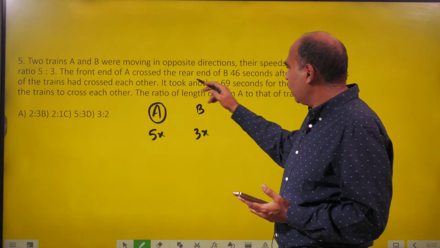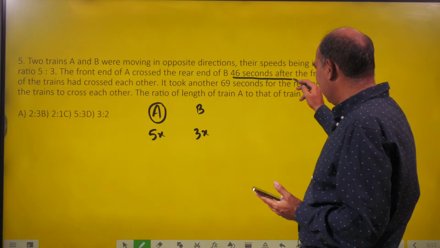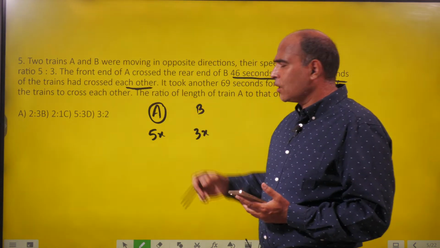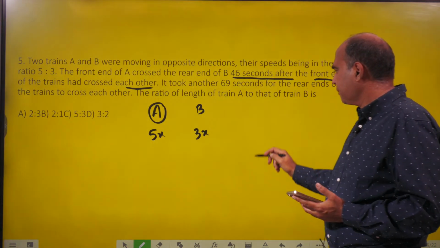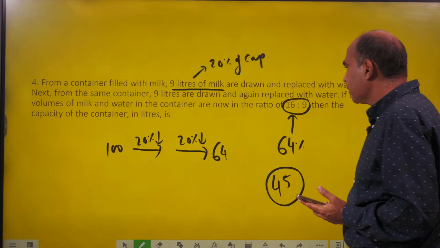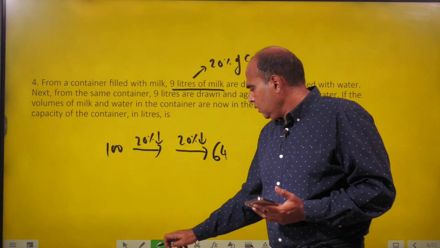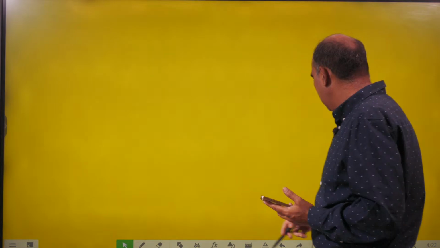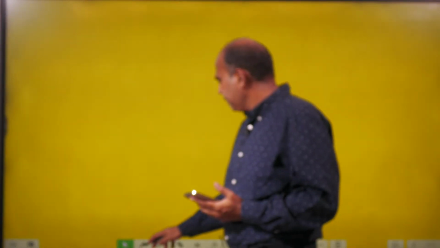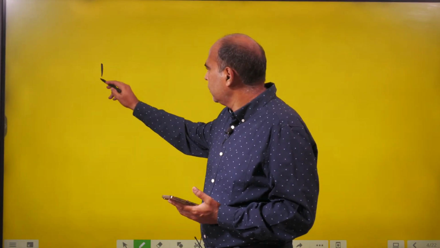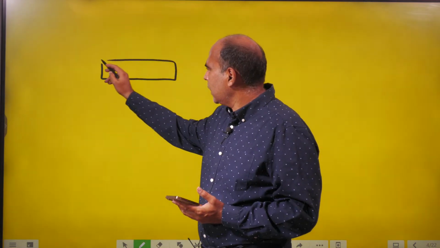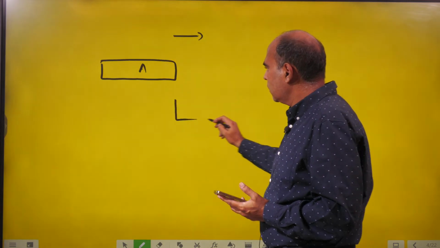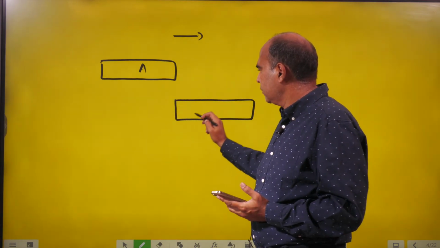The front end of A crossed the rear end of B 46 seconds after the front ends of the trains had crossed each other. So what is happening is you have this train going in this direction and you have this train going in that direction.